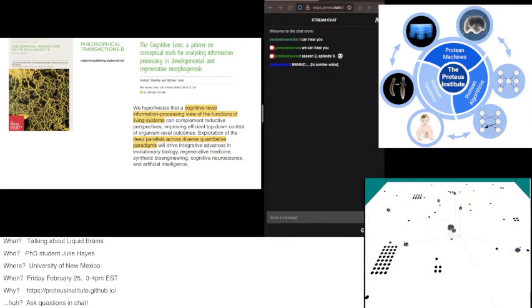Exploration of the deep parallels across diverse quantitative parallels will drive integrative advances in evolutionary biology, regenerative medicine, synthetic bioengineering, cognitive neuroscience, and artificial intelligence. So that's a pretty big deal, right? That if we can look at systems through this lens, we could really understand the system on a different level, from an information processing perspective, which can be really useful.